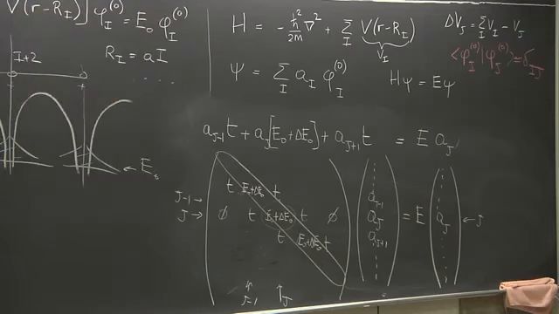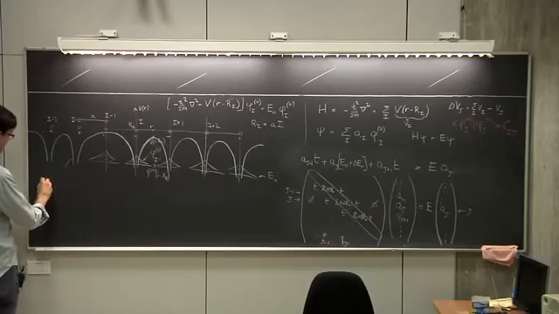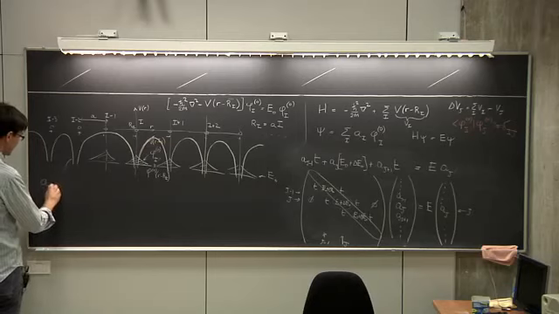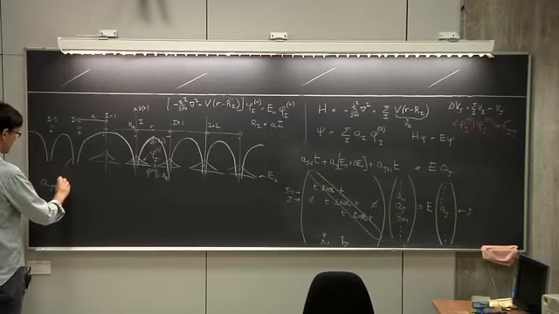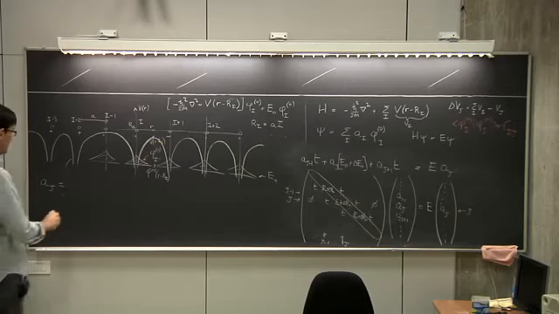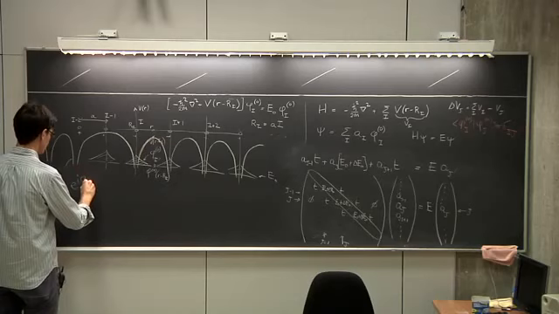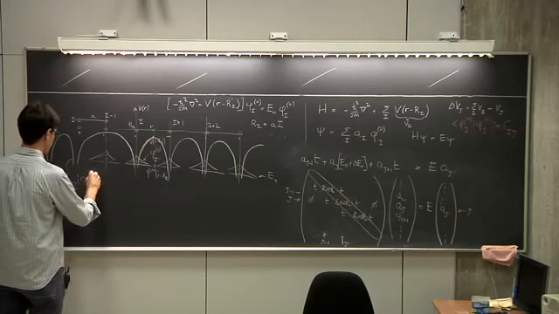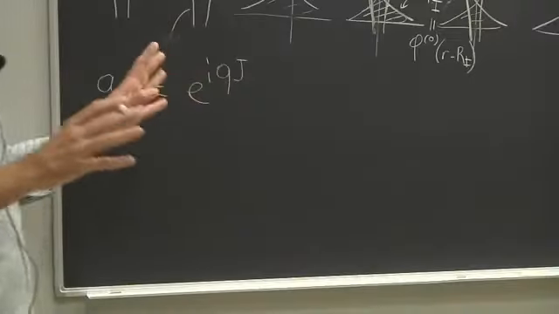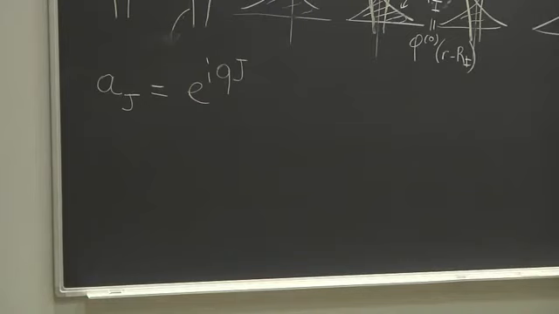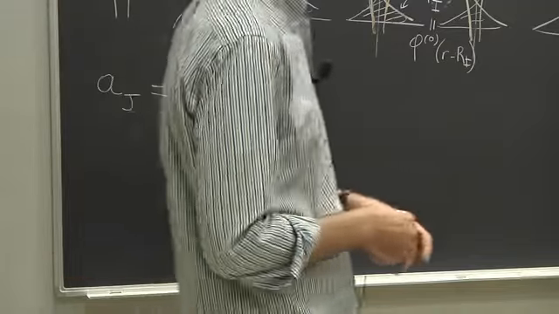So let me state now one possible class of solutions of this problem. And I claim that the possible solution is that A_j is equal to e to the i q j, with q to be determined. That's my assumption, my Ansatz, as we say in physics.